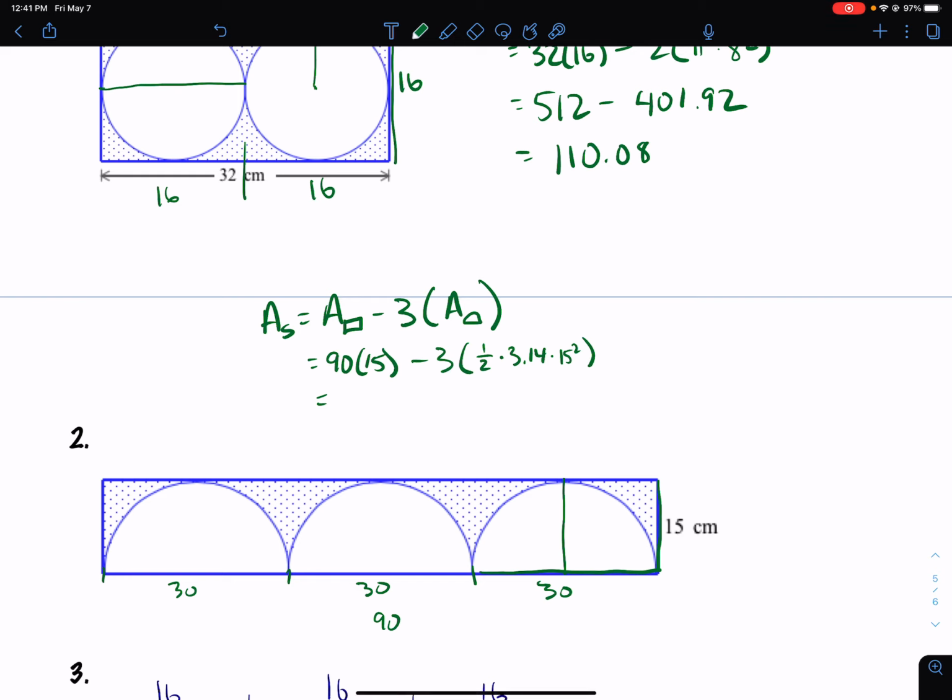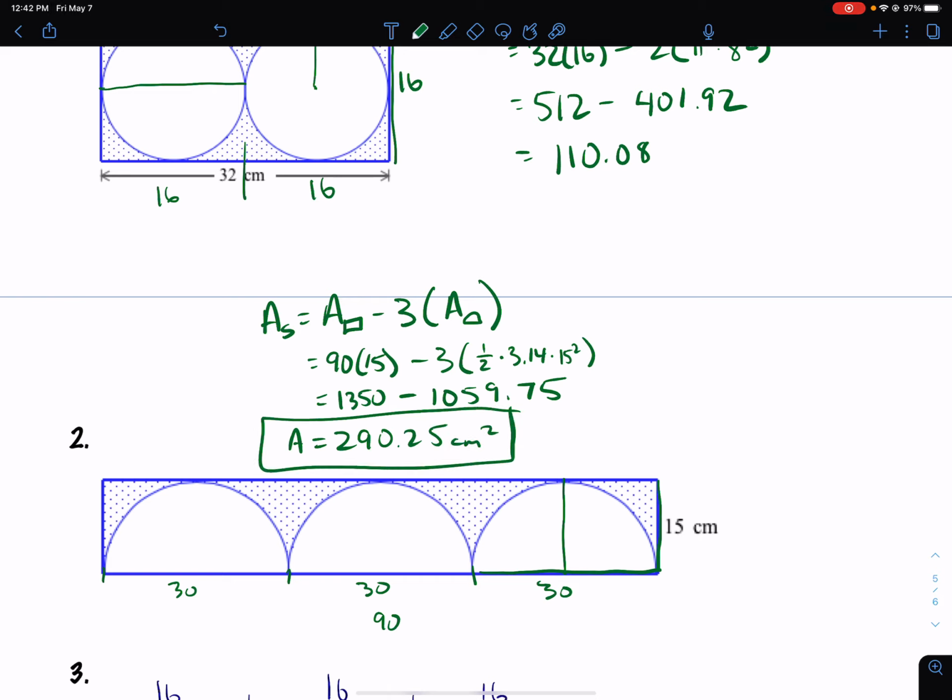So 90 times 15 is 1350 minus, so if I'm using order of operations correctly, I'm going to say 15 squared times 3.14 times 0.5 times 3. So I'm going to be subtracting 1,059.75. Okay? And 1350 minus that, my area is going to be equal to 90.25 centimeters squared.